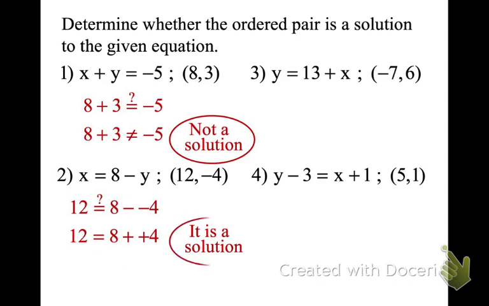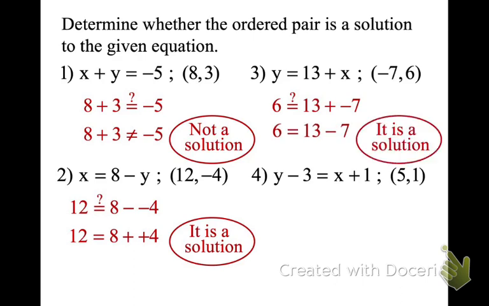Number 3: my x is negative 7 and my y is 6. Remember, the first letter is the x and this is always the y. So I'm substituting negative 7. That becomes 6 equals 6. So that is a solution.